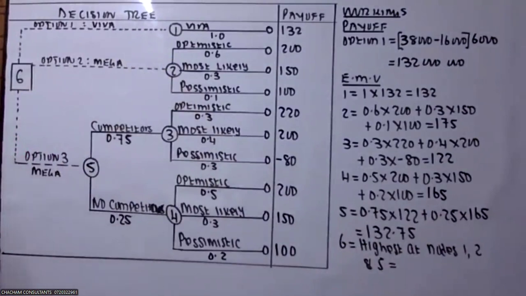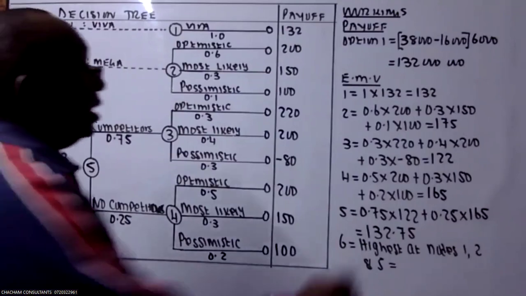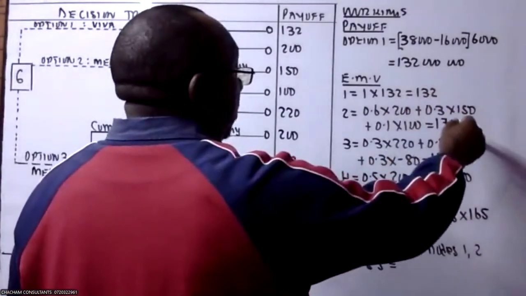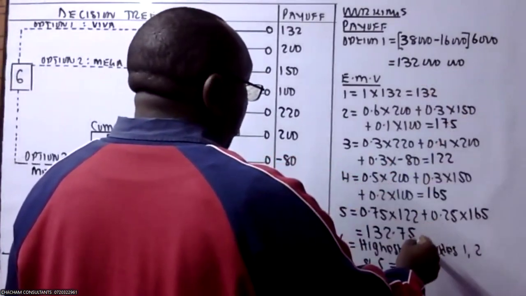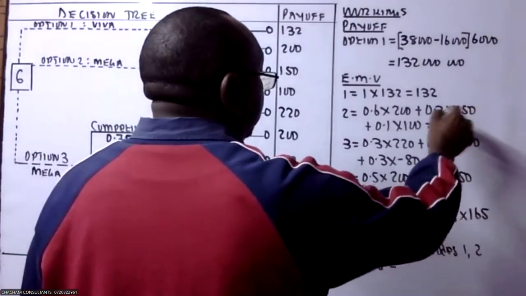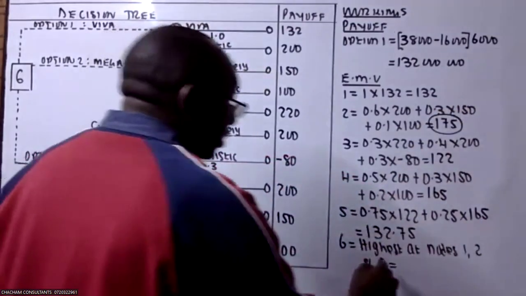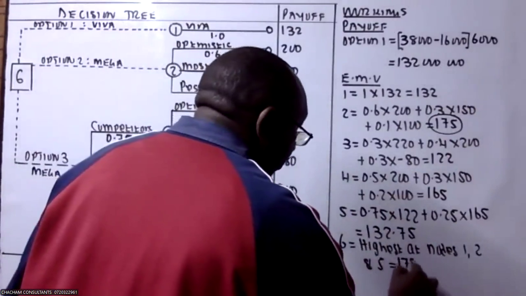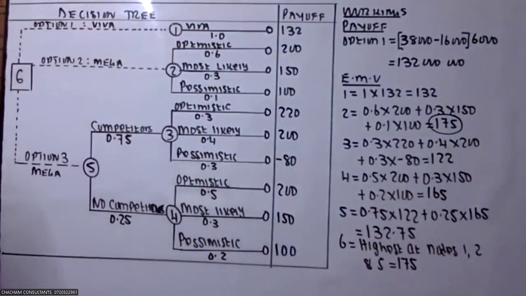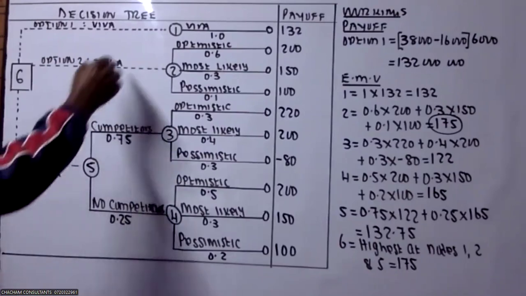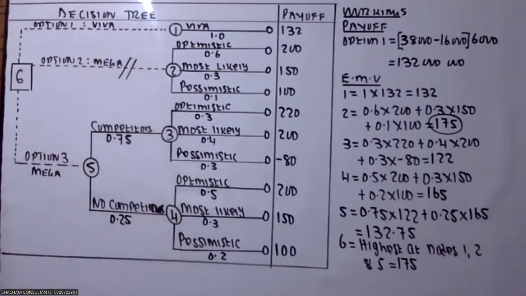So 1 has 132, 2 has 175, and 5 has 132. So we pick this one, 175. That 175 was obtained at number 2 here. So you come and mark that way.